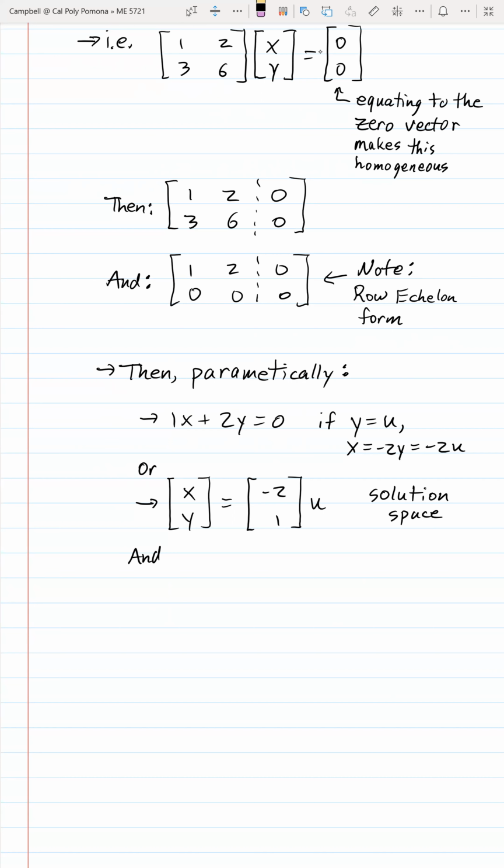We can see that we have a one-dimensional constraint, namely, we're dealing with this 1x plus 2y is equal to 0 as our constraint or our information, depending on how you want to look at it.